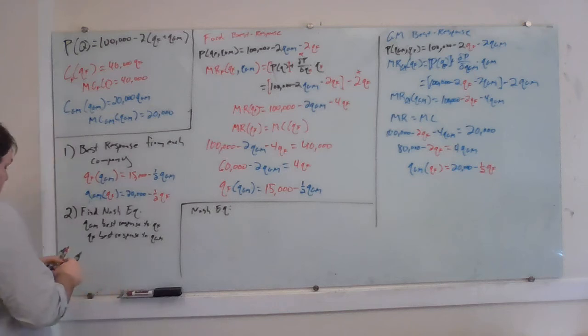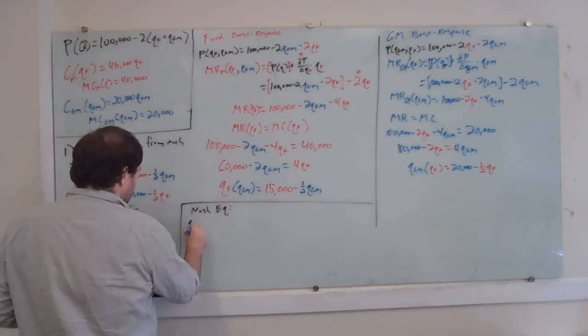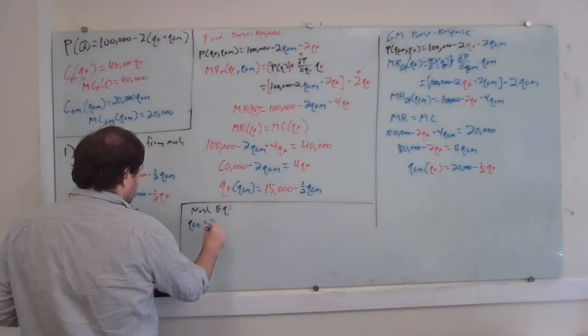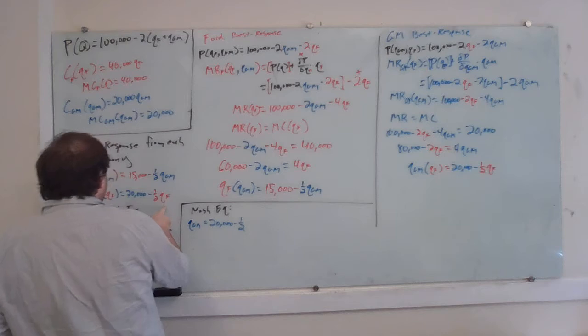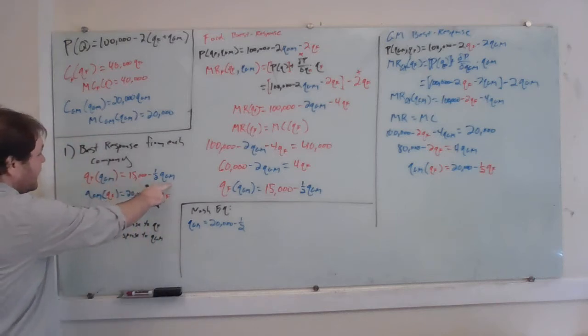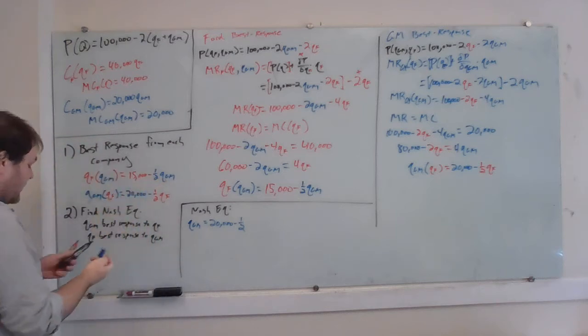QGM has to equal 20,000 minus 1/2 of QF, which is in turn equal to 15,000 minus 1/2 QGM.